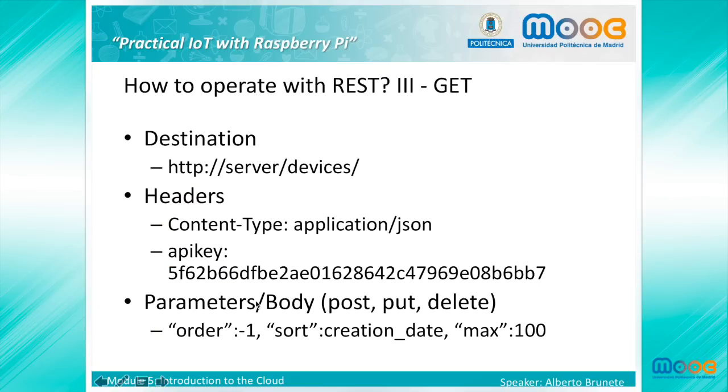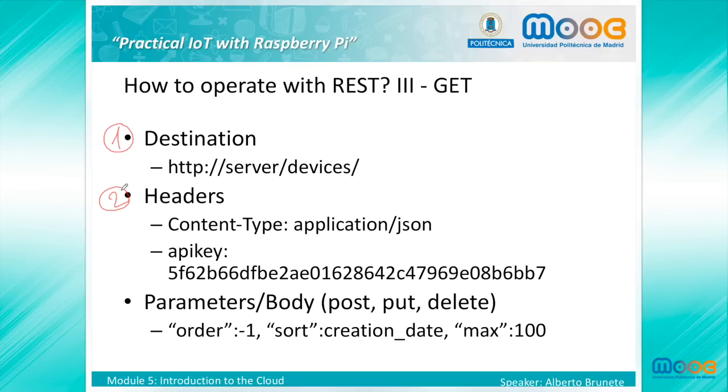How does a REST command look like? It has three main parts. The first part is the URL or destination, the web address we want to send information to or from. The second part are the headers, main information about the command or method.